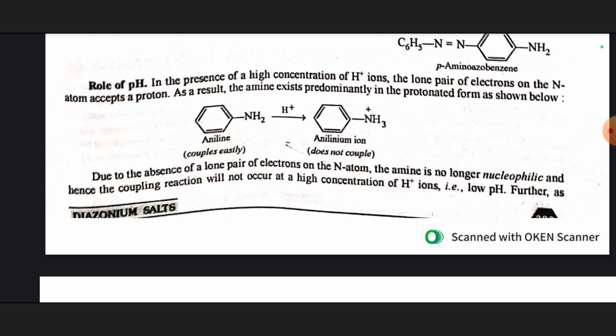Role of pH. In the presence of a high concentration of H positive ion, the lone pair of electrons on the nitrogen atom accepts a proton. As a result, the amine exists predominantly in the protonated form as shown below. Due to the absence of a lone pair of electrons on the nitrogen atom, the amine is no longer nucleophilic and hence the coupling reaction will not occur at a high concentration of H positive ion, that is low pH.